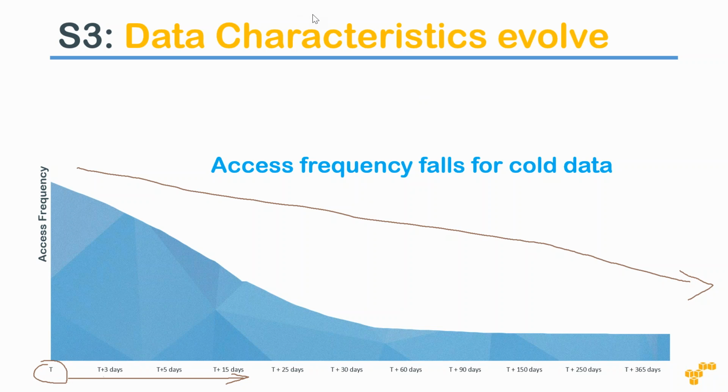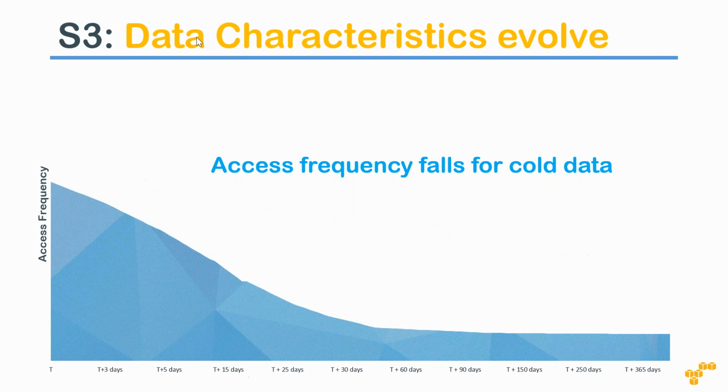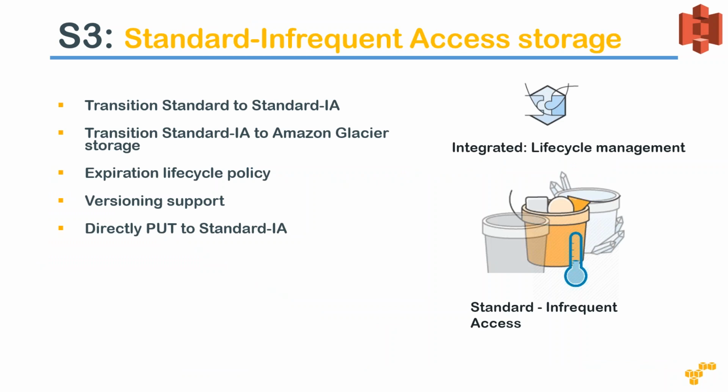So typically you can see here, somewhere along the line, if I can put a line here, after 30 days it almost flattens out to very regular usage, and you're not using it frequently, probably once or twice per day for checking backups or checking the versions or things like that. So this use case typically applies to almost all industries, as I said earlier. So go ahead and recommend your clients to analyze their data and see how frequently they're using it, and then recommend different storage options. So we saw already the standard infrequent access.